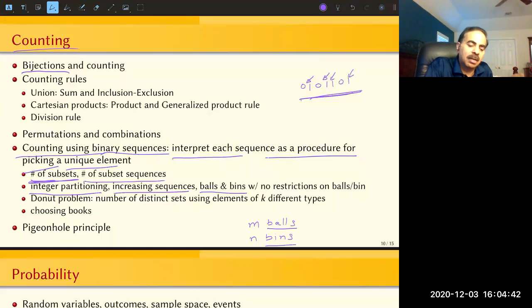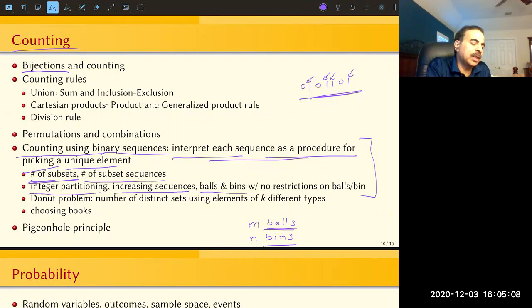If you toss m balls into n bins, and any ball can go into any bin without any restriction, then that problem can also be modeled in terms of these binary sequences. So if there is one new thing that you should have learned from this course, it is this way of doing the counting, right?